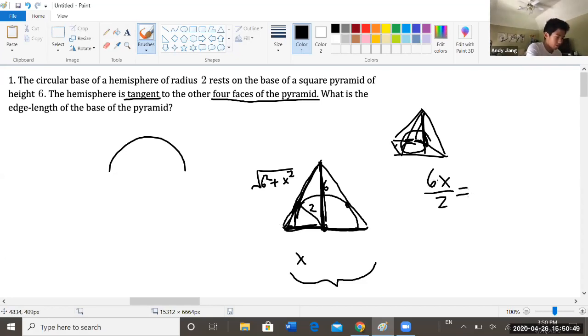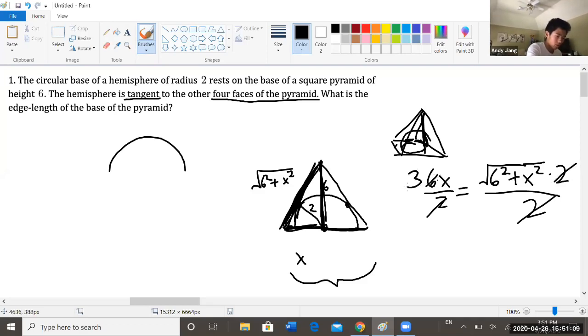And I can also solve it by using this hypotenuse as the base, times 2 over 2. So I'll cancel out a 2. So now I have 3x equals square root of 36 plus x squared.